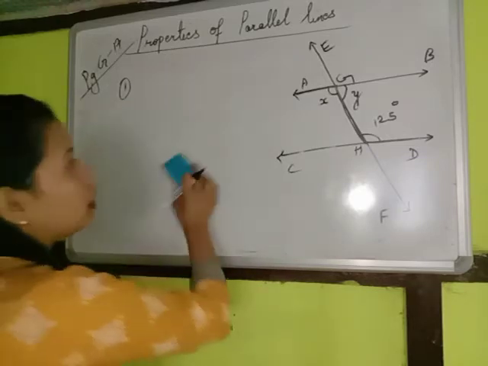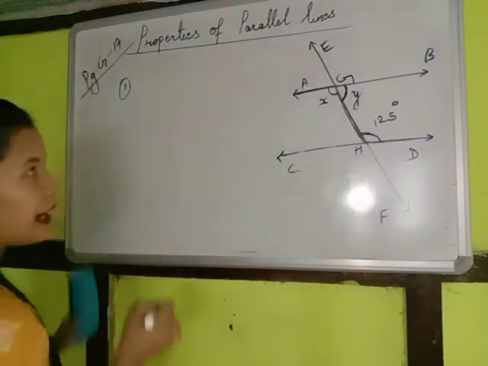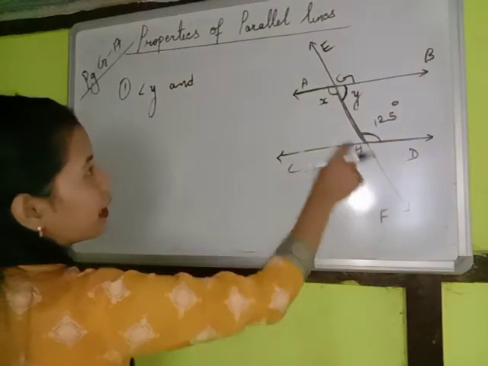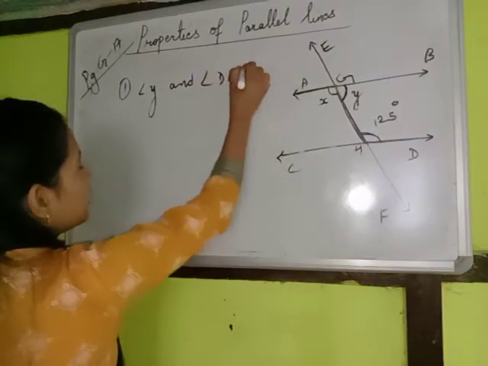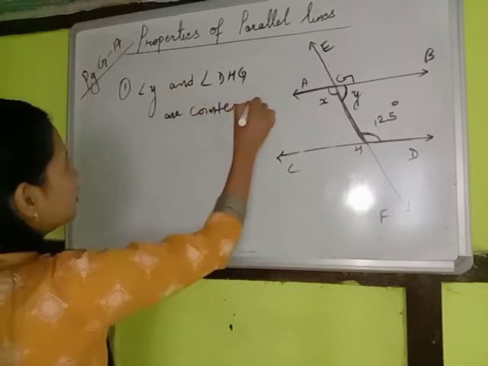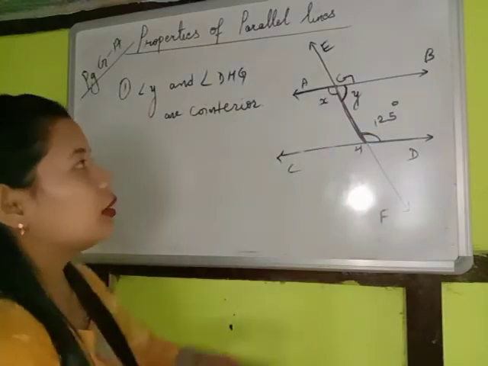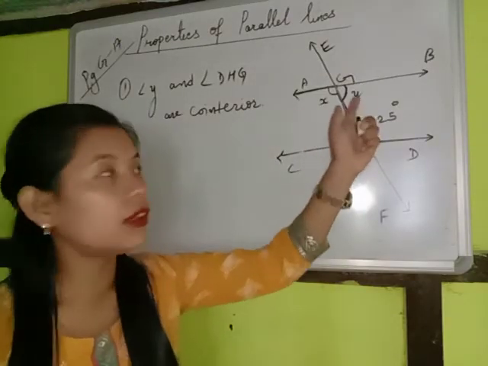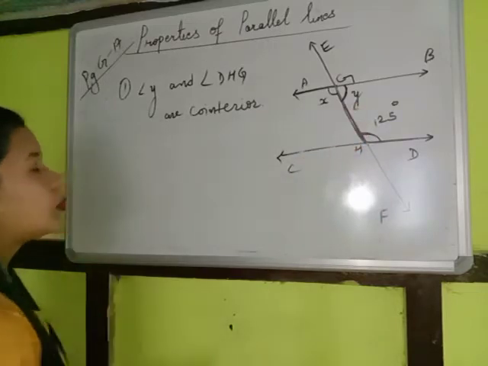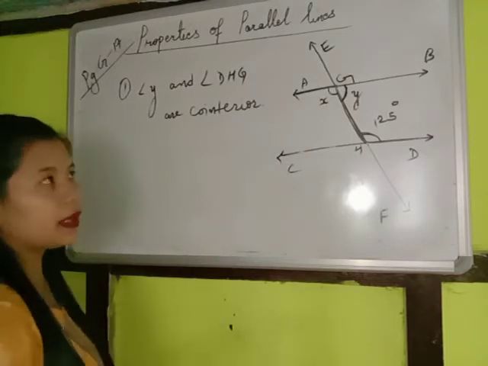If you see, this angle and this angle are co-interior, right? So angle y and angle DHG are co-interior, meaning these two are interior angles which lie on the same side of the transversal. We have a property that co-interior angles are supplementary.